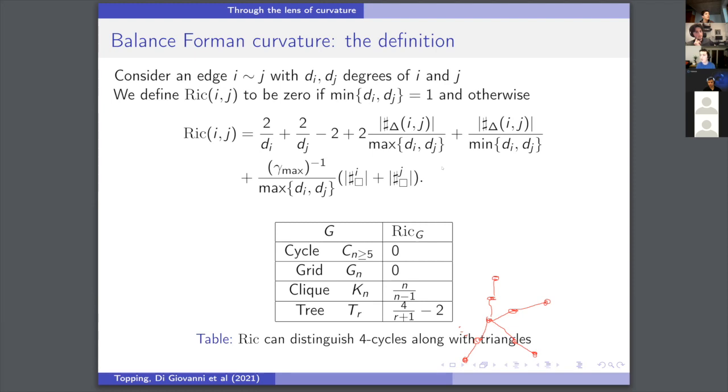It wouldn't be plus 2 though, because DJ is going to be 2 because it's connected to the central node and the one further out. So you're going to approach minus 1. Good, and it is going to be minus 1, the curvature.